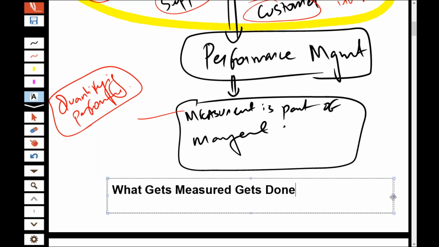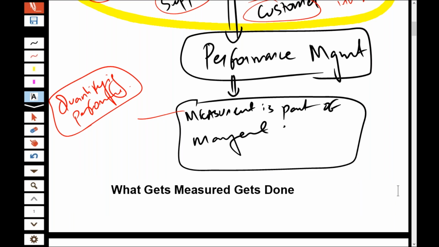If you have to run an organization, if you have to ensure that every single aspect of the organization gets done, you need to make sure that you start measuring. Once you start measuring them, then obviously those things actually get done.